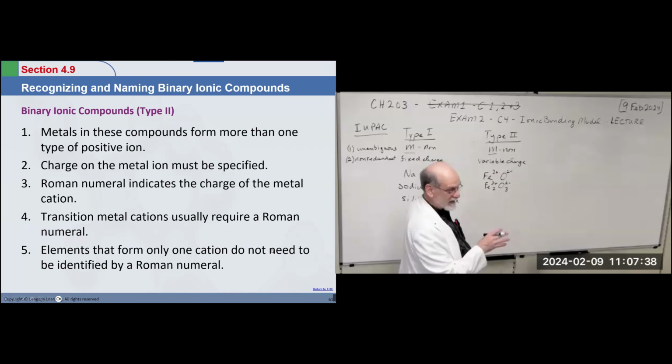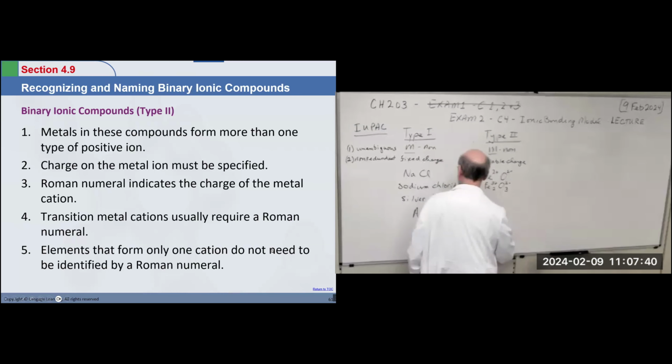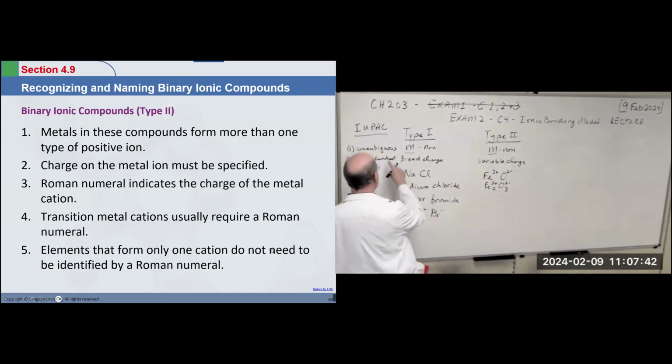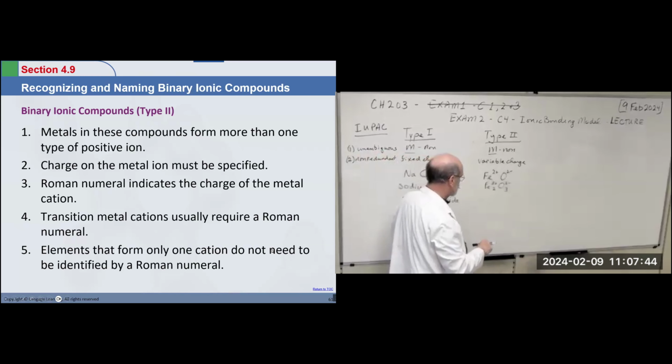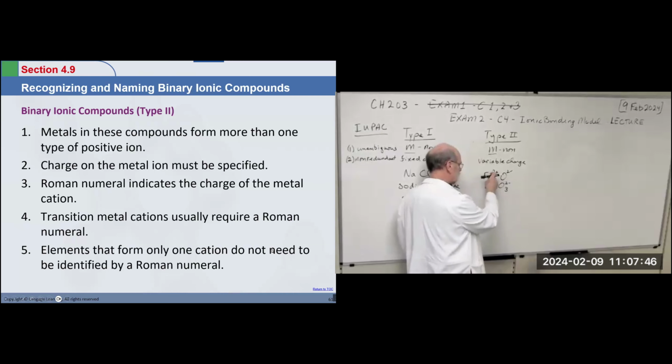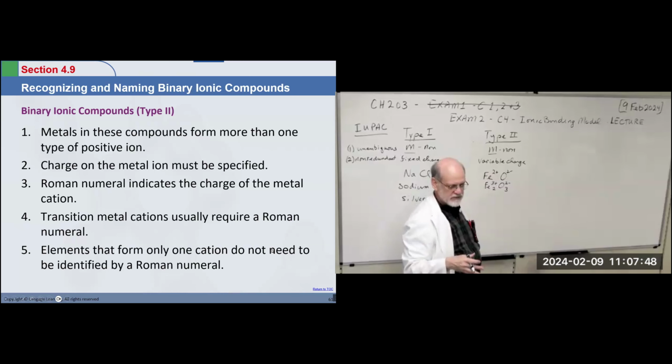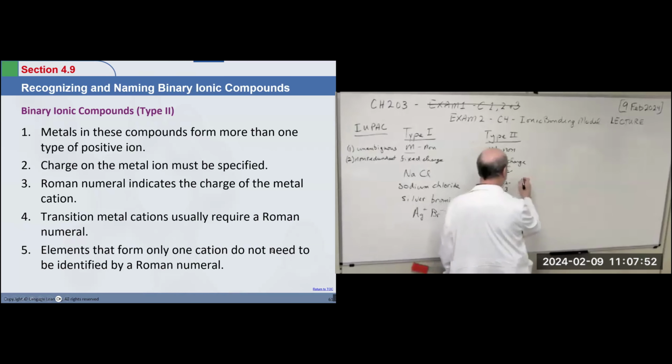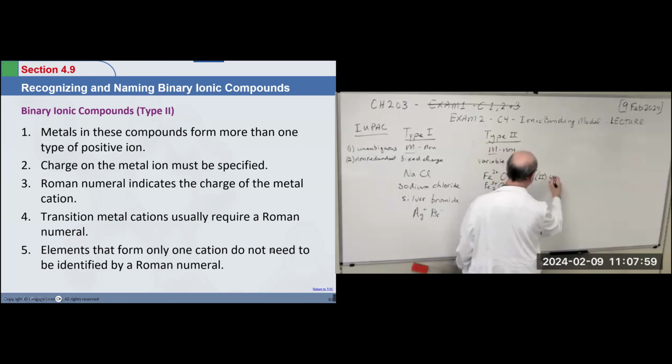Okay. Now, how about naming? We name it similarly to this one, but we have to be unambiguous. And the way to be unambiguous with multiple charges is to state the charge in the name. So we say iron, and the charge is a Roman numeral, oxide.